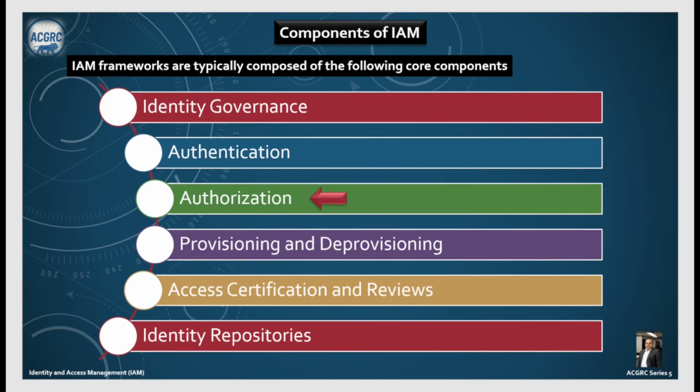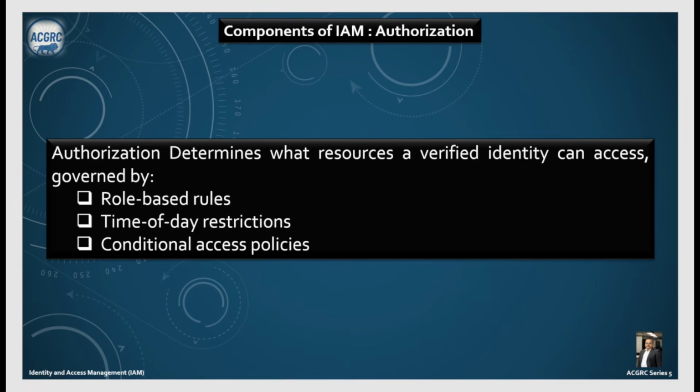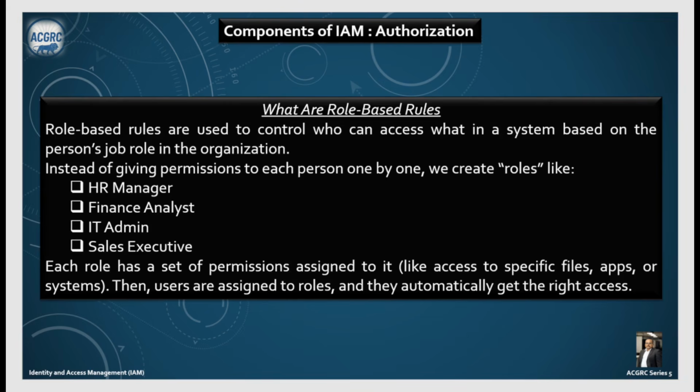So we are now into the next one, which is authorization. Authorization determines what resources a verified identity can access, governed by role-based rules, time of the day restrictions, or conditional access policies. So, what are role-based rules? Well, role-based rules are used to control who can access what in a system based on the person's job role in the organization.